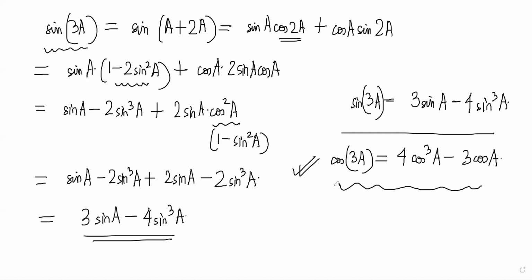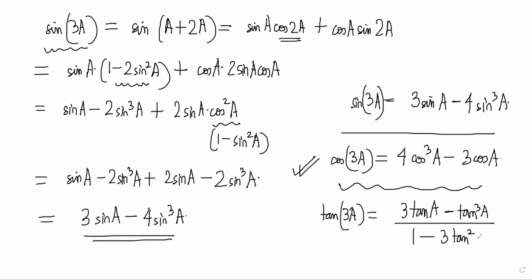A plus 2a. And similarly, you can get tan 3a also. It will come as 3 tan a minus tan cube a by 1 minus 3 tan square a, if I am remembering correctly. So again, you should check the formulas in the book, and you should also try to derive it. Again, the same process.